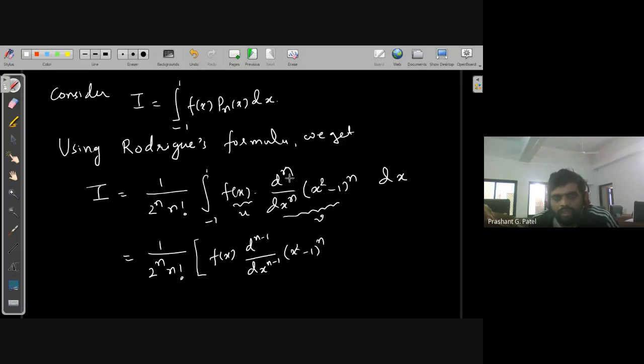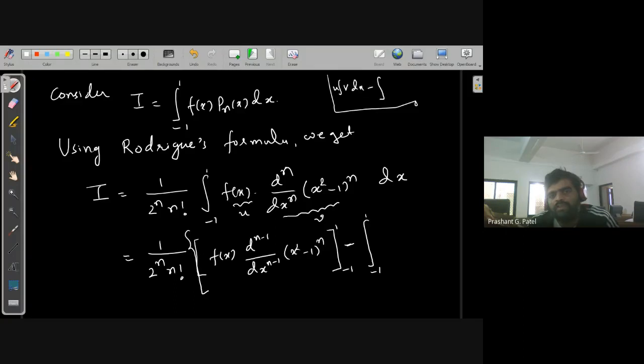It is a derivative and then integration, so that's why one less derivative is there. Then the limit minus 1 to 1. Minus integration. What is the integration by parts? You know that it is u as it is times the integration of v dx, minus the integration of du by dx times the integration of v dx, and the whole integration is there.